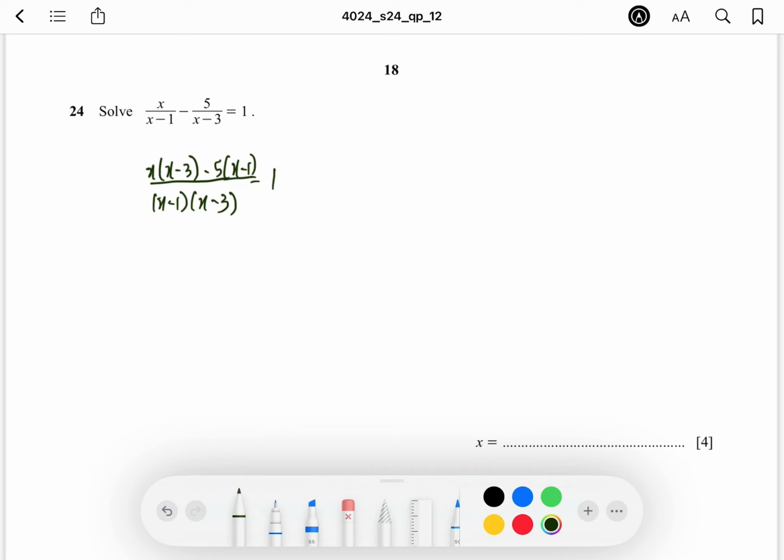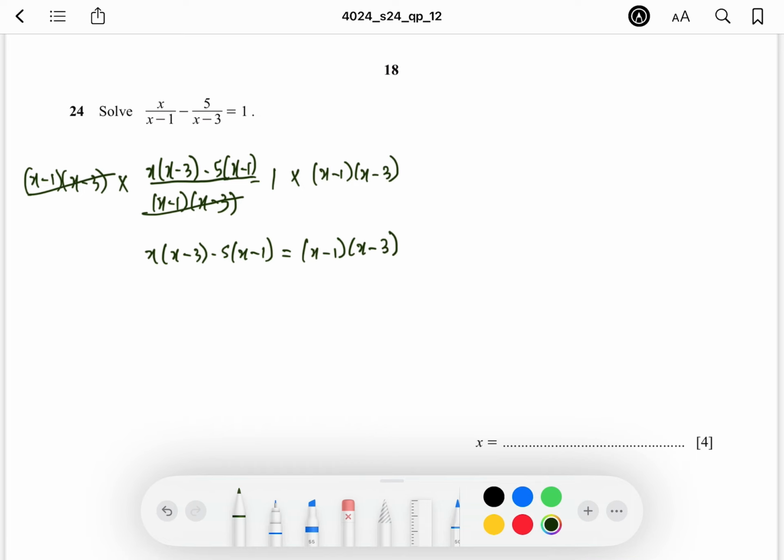Okay, kalau sekiranya dah nampak. So that one simplified. So it becomes x minus 3 minus 5, x minus 1 equals to x minus 1, x minus 3. Okay? Alright.